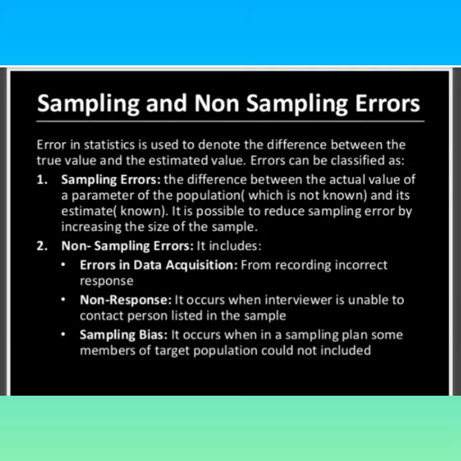In sampling method, we collect data from only a small fraction of the population. After drawing the inference by studying the data, we generalize the result to the whole population. That is, we are drawing inferences about the population on the basis of a few observations.